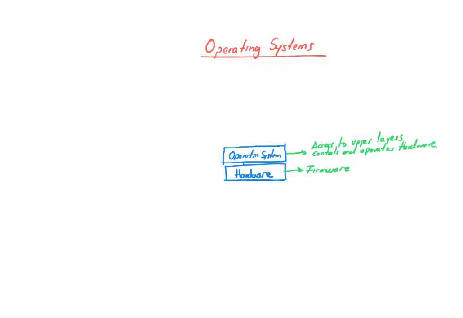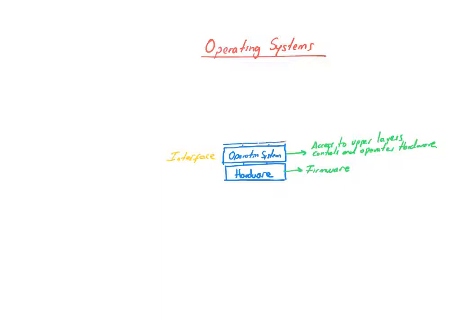Obviously we're making use of the firmware, because firmware is just circuits or microprocessors that have instructions of how each one of the devices of the hardware should operate. But in order to control that from the software side, you need the operating system to be an interface between the upper layers of software and finally the user.